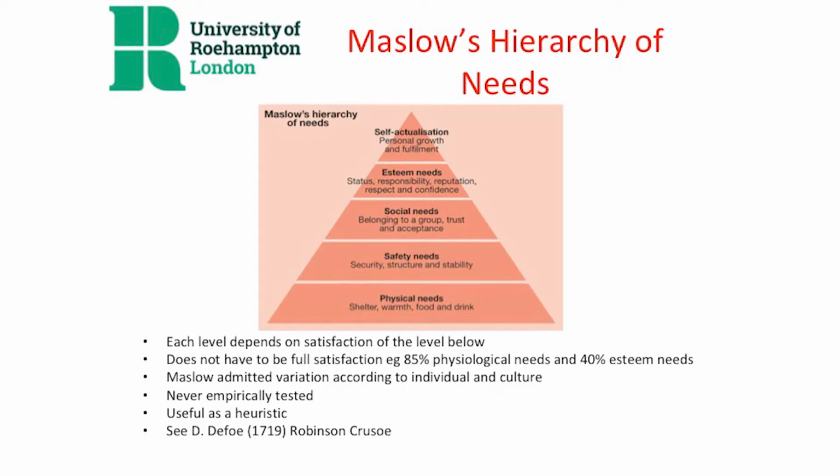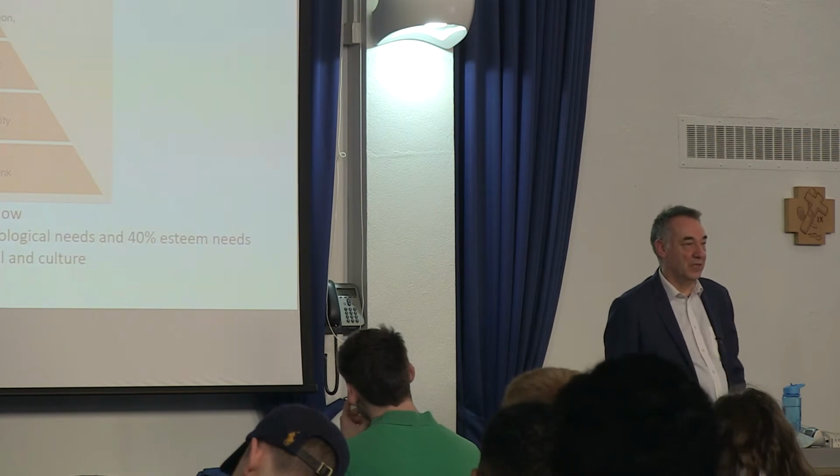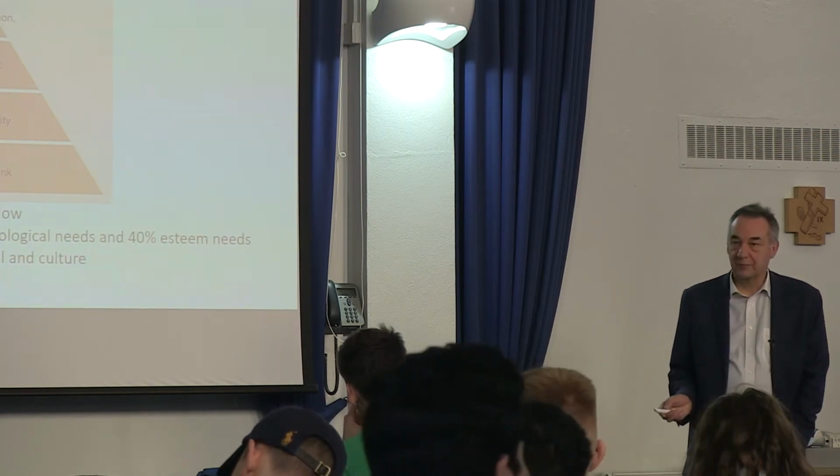Okay, let's look at the content theories then, first of all, the needs theory. This is Maslow, very famous theory. This is a pyramid, and the needs go from the bottom to the top. The theory is that once you've fulfilled one level of needs, then you move on to the next one.